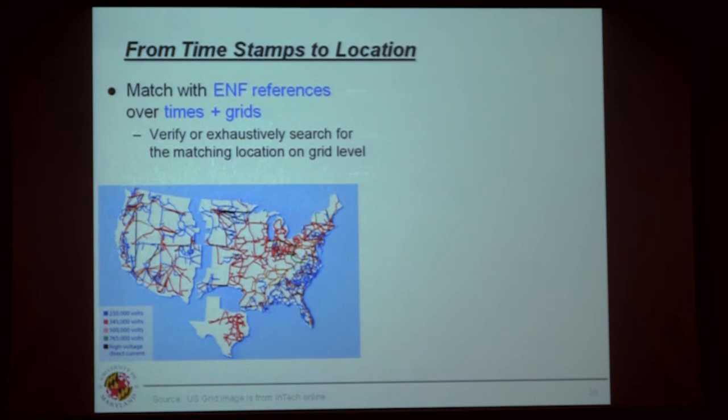All those grids are not interconnected in terms of this frequency variation and the control, so the ENF signals at a given time will change independently. What we can do is tap in three locations, one in each candidate grid, and record the references. Now when we have a piece of recording we want to verify, we can align it with each of these references to see with which one, at which time instance, we have the highest match above some threshold. That will tell us the time and the location.